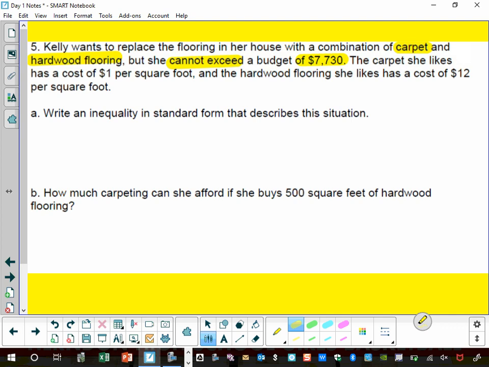The carpet she likes has a cost of $1 per square foot, and the hardwood she likes has a cost of $12 per square foot. I just highlighted everything that's important to me. So let's say that we are going to call x the carpet, and y will be the hardwood.